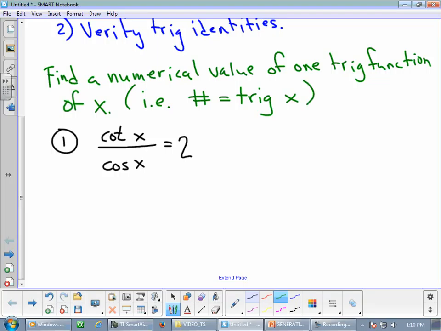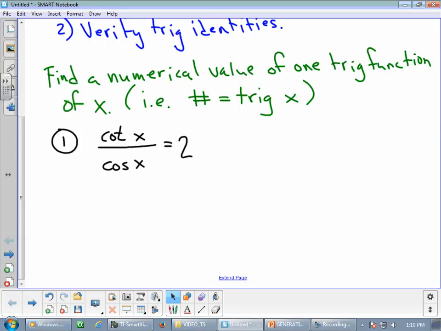So what we'll end up with is a number equal to the sine of x, like 1/2 equals the sine of x, or 7 equals the tangent of x, or 18 square roots of 5 over 2 is equal to secant of x. Okay, so some number is equal to a trig function of x when we're done.